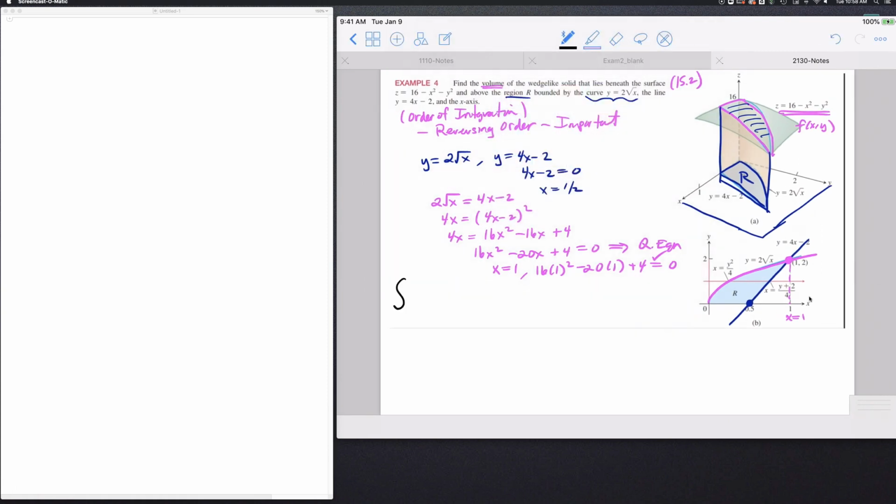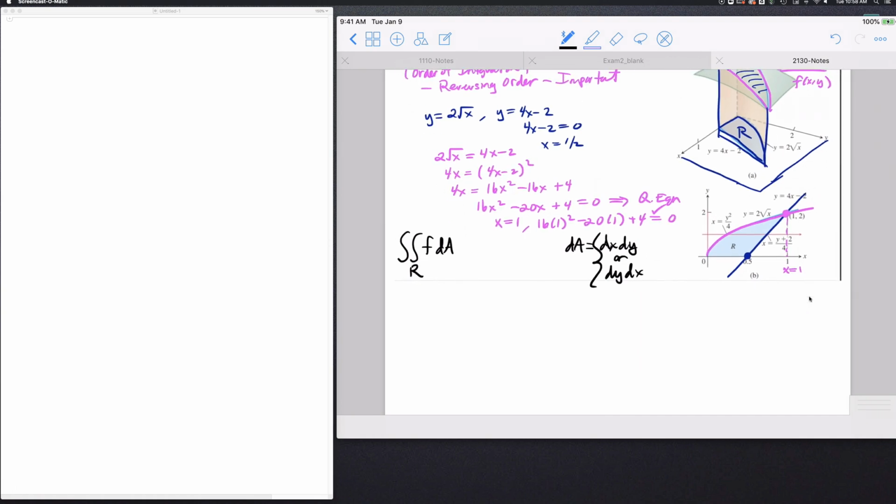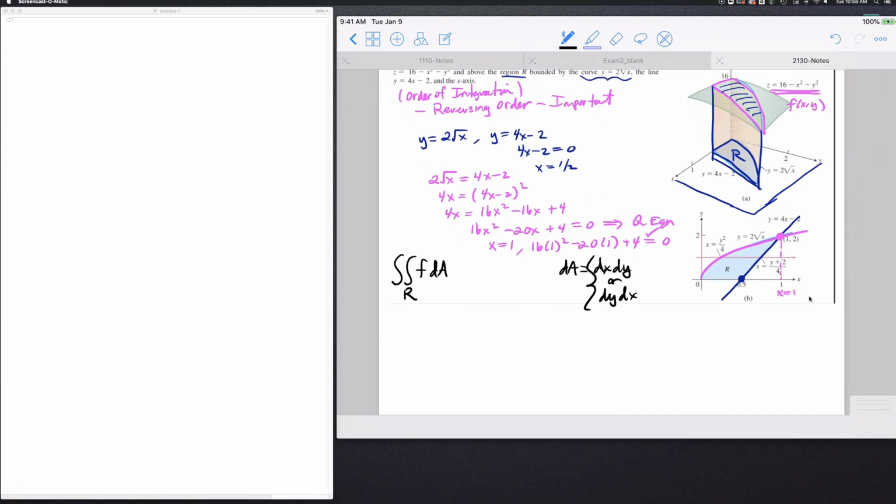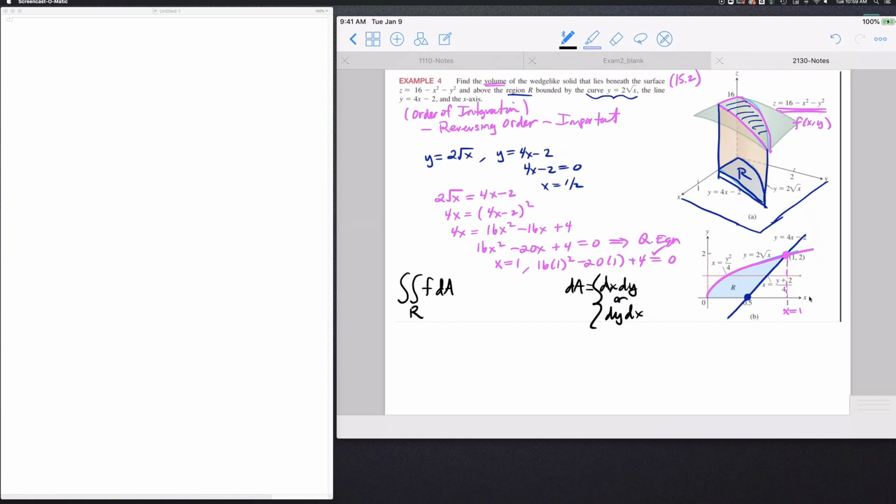We're trying to do the double integral of a function dA over a region R, and there are two choices for dA. That is either the dx dy or the dy dx. And it would be possible to set up both of these. You just might need to be a little careful about it.